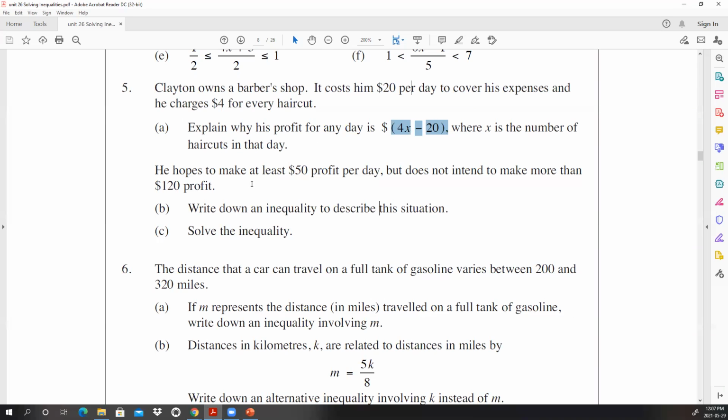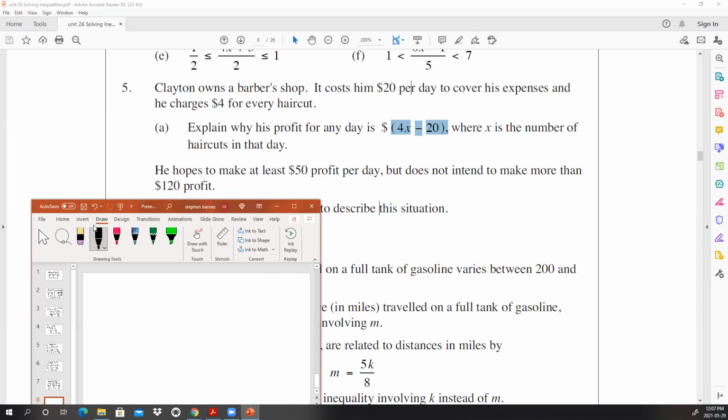And this now says he hopes to make at least 50 in profit, right? So 50 profit per day, but does not intend to make more than 120. So you can just drop this in between 50 and 120. And that's what we're going to do. And then basically to solve the inequality, you're solving for the number of haircuts, right? Because that's what it says, where X is the number of haircuts.